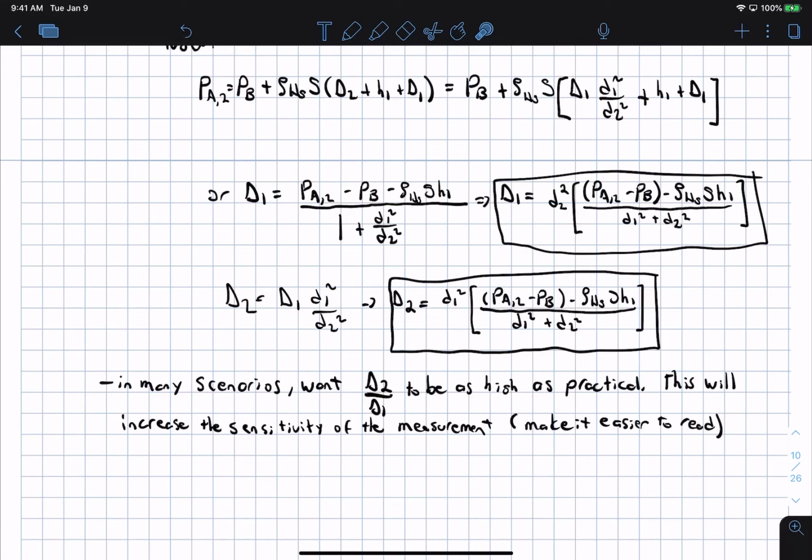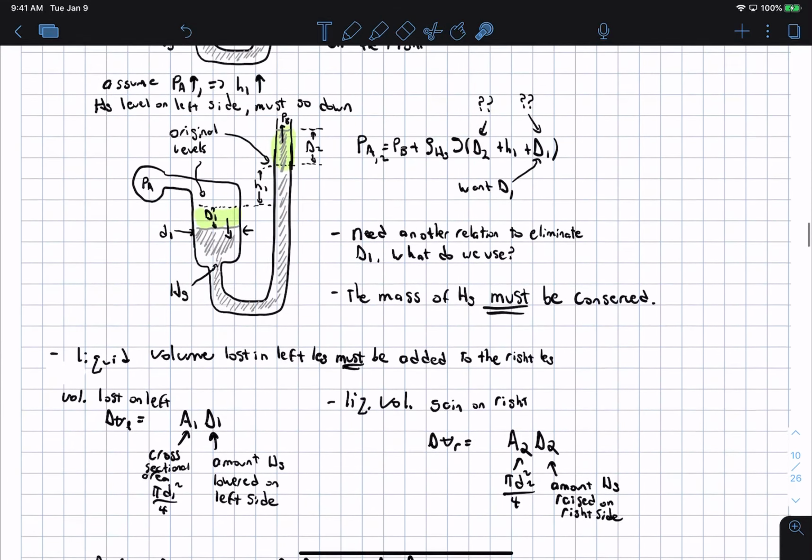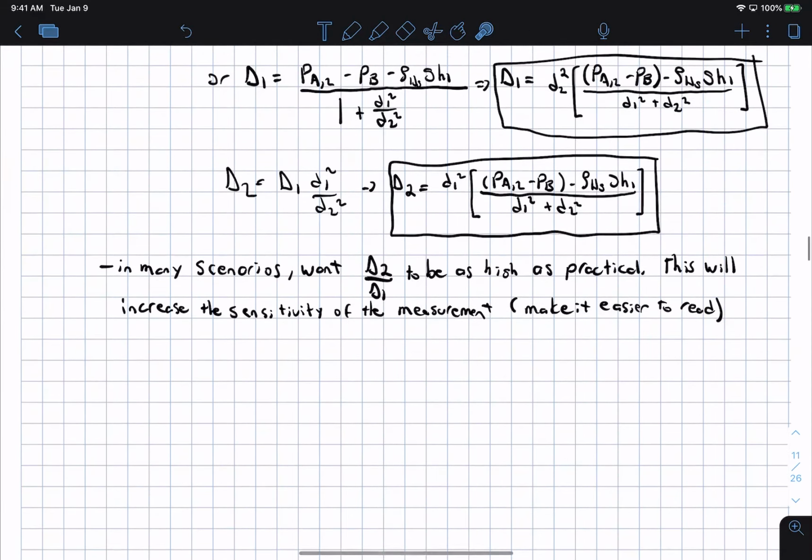And so engineers will play games like this to try to make a nice, very sensitive measurement. Okay, and so in many scenarios, we want delta 2 divided by delta 1 to be as large as practical. And this will increase the sensitivity of your measurement, which makes it a lot easier to read.